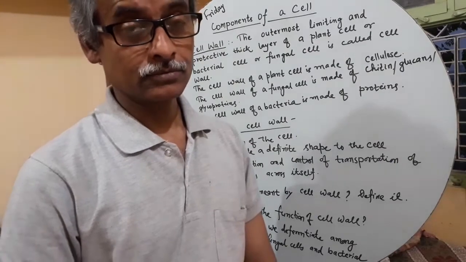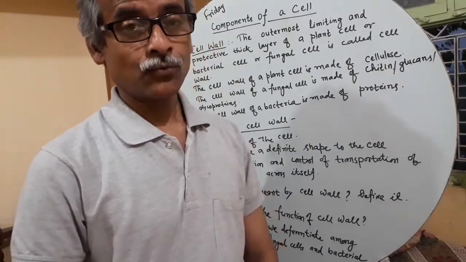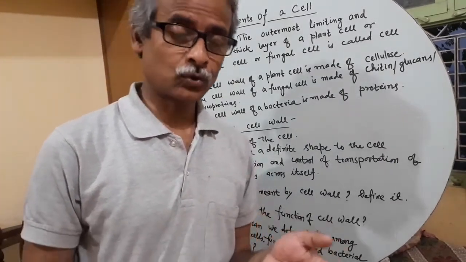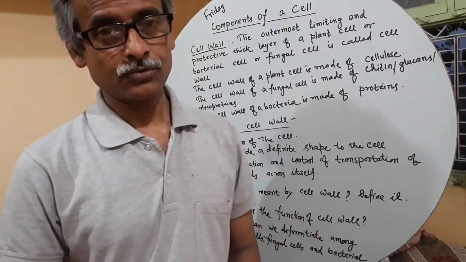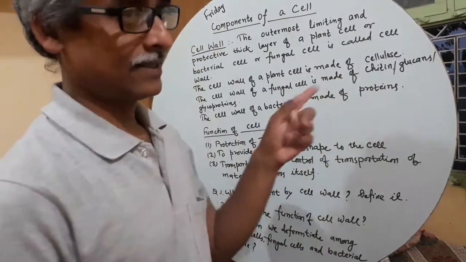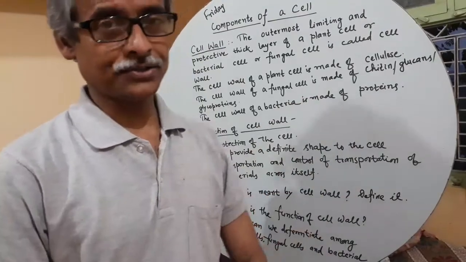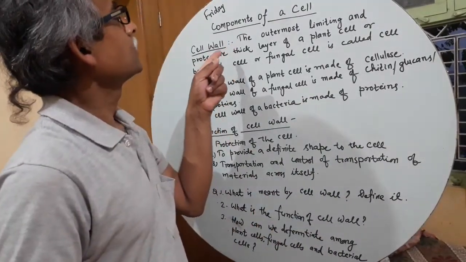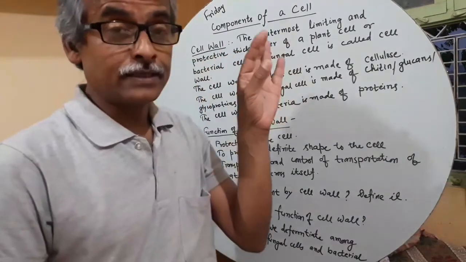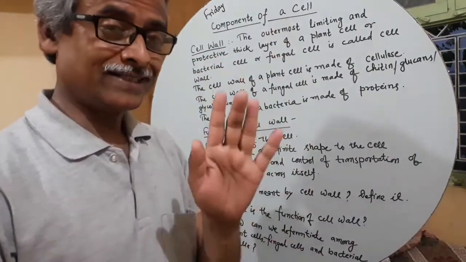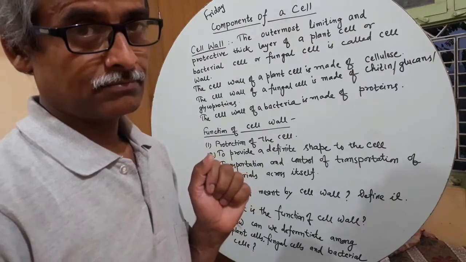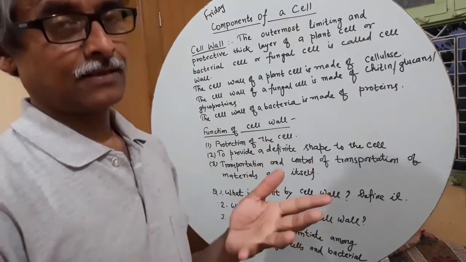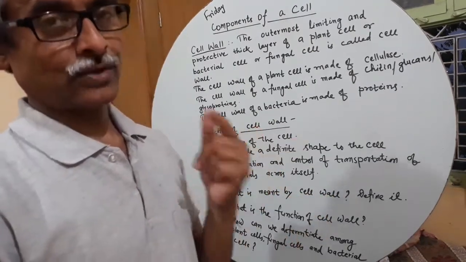Now there is a question, what is the role of cell wall in a cell? What is its function? So if you think about the definition, you can easily tell what is the role, what is the function.